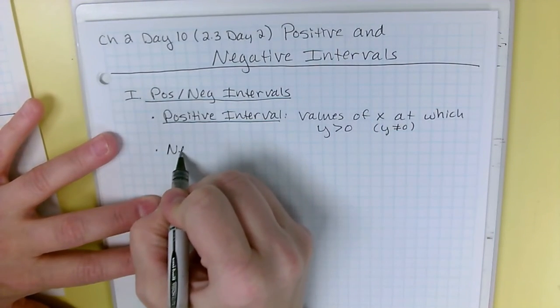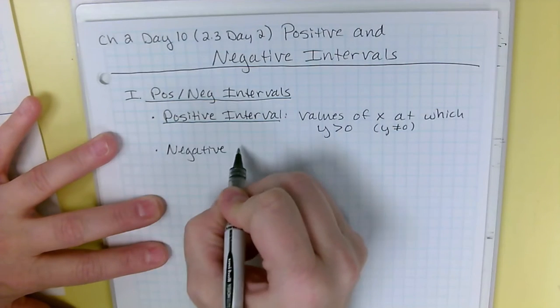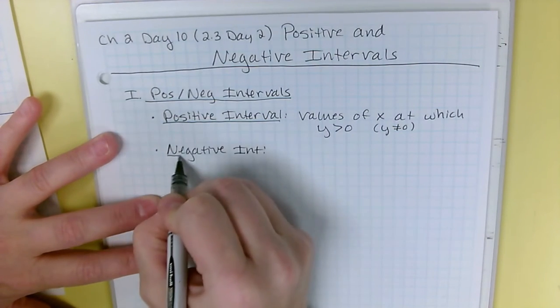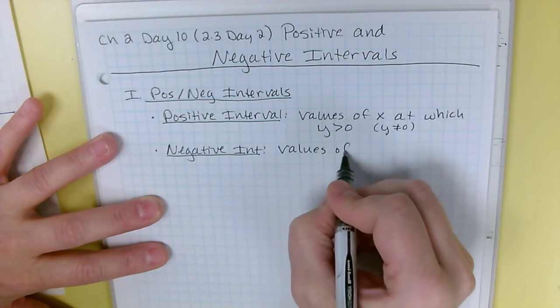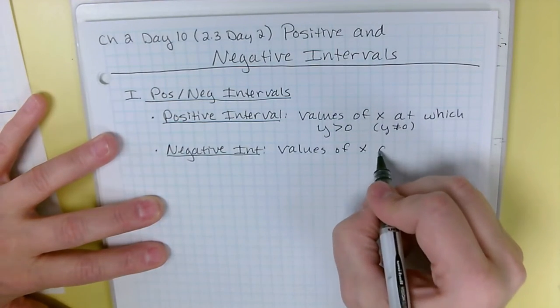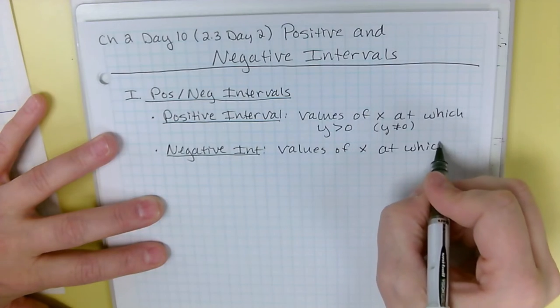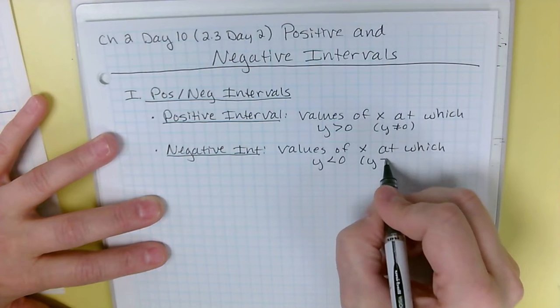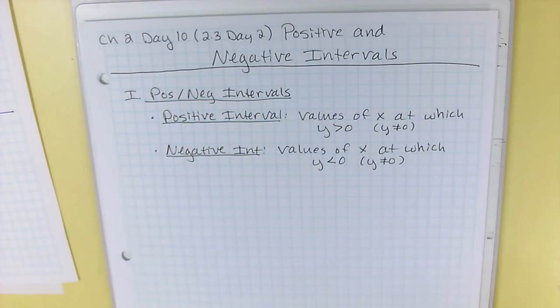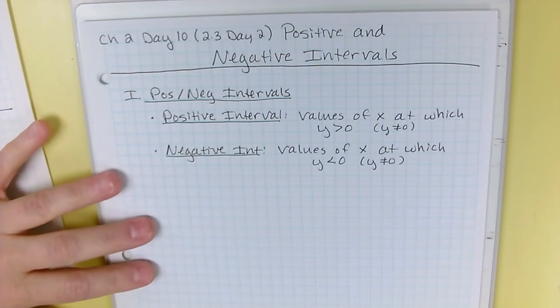So a negative interval is similar. It is values of x at which y is less than 0. And again, y can't be exactly 0 and be on a negative interval.